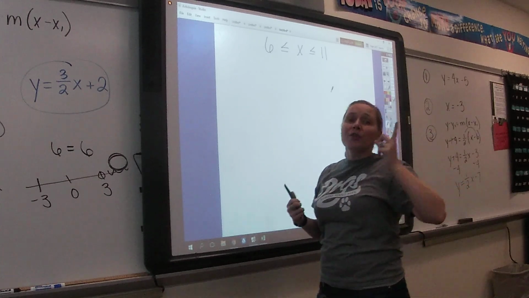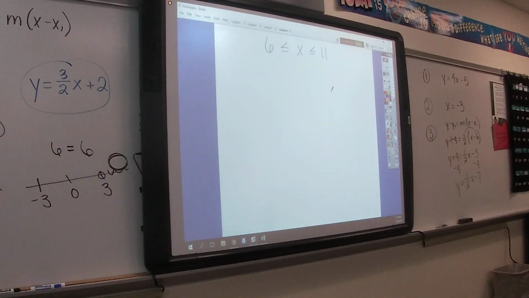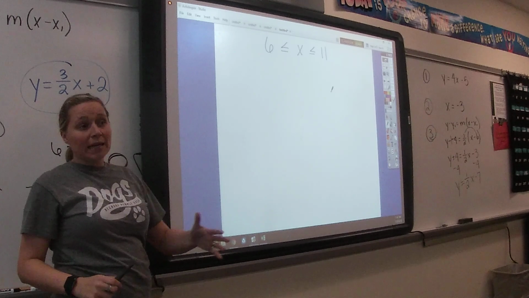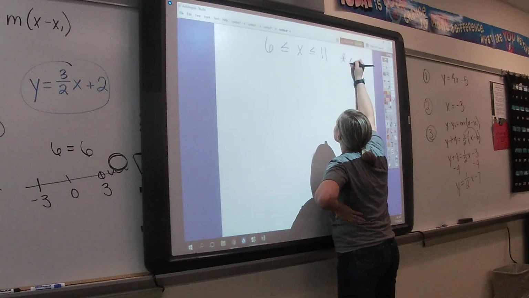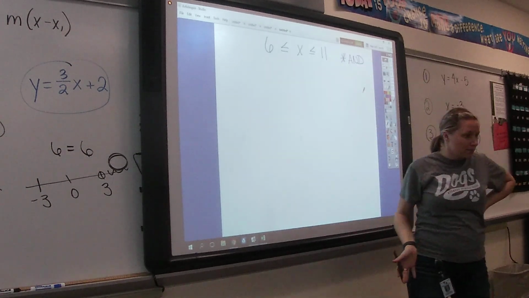If we see the word "or," we can be certain it is a compound or. If we see the word "and," we can be certain it is a compound and. If we do not see either, then it is a compound and.